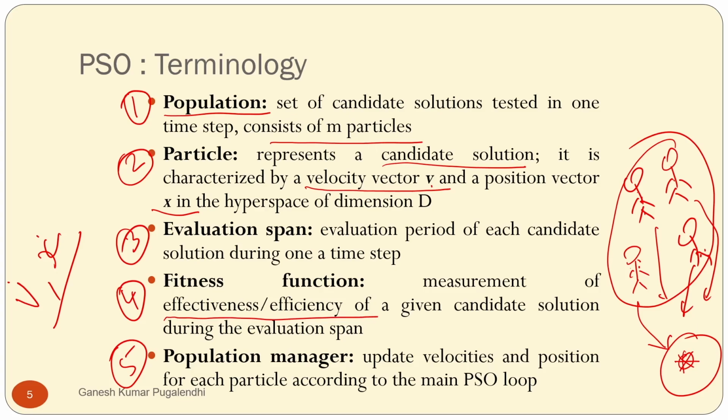And finally the population manager. The population manager's role is, once the entire set of the dimension d value has been fulfilled, the next phase is to update the velocity and the position for each particle as a loop process, and the process of evaluation and the fitness function is repeatedly carried out until you get convergence, like in GA.